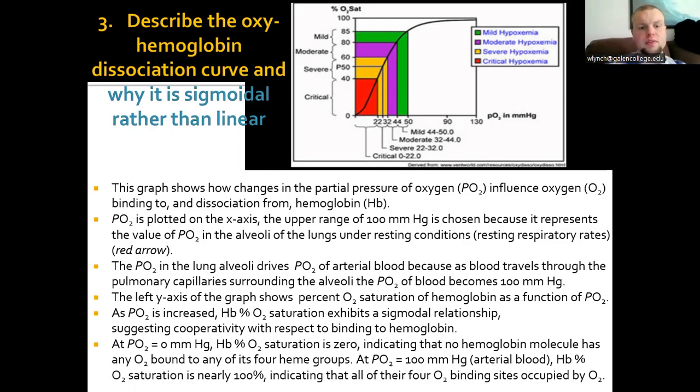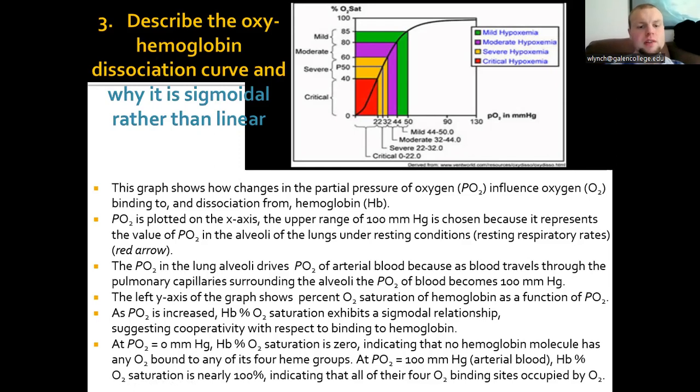So finally, if we have a partial pressure of oxygen that's increased, that means that the hemoglobin oxygen saturation is going to increase. So if we have more oxygen than we need, we're going to have almost 100% binding to hemoglobin at all times.